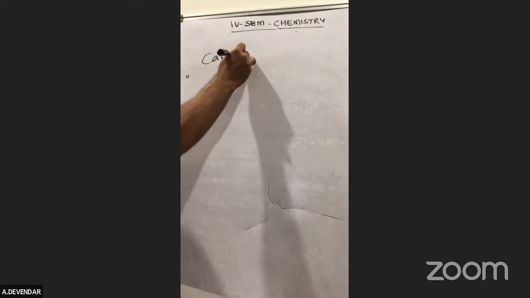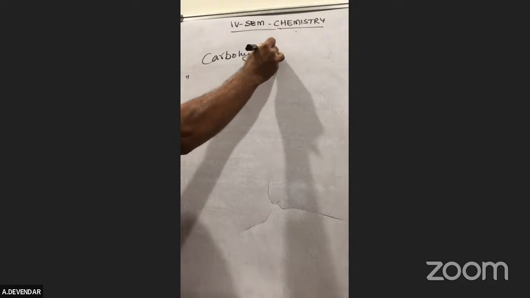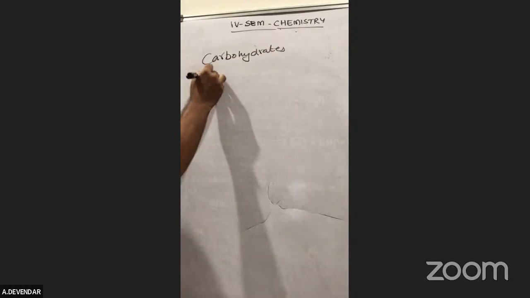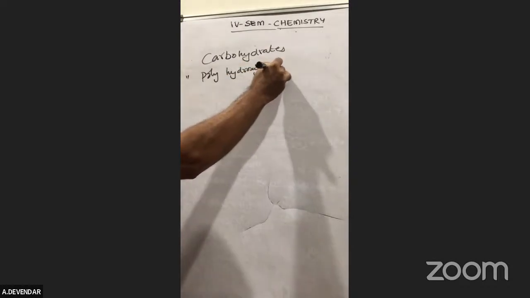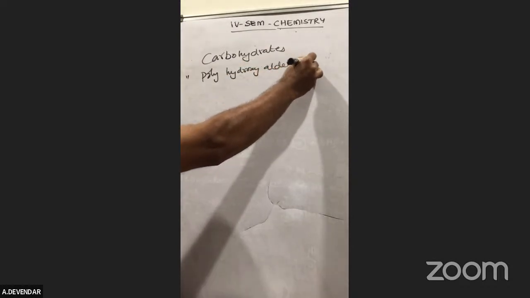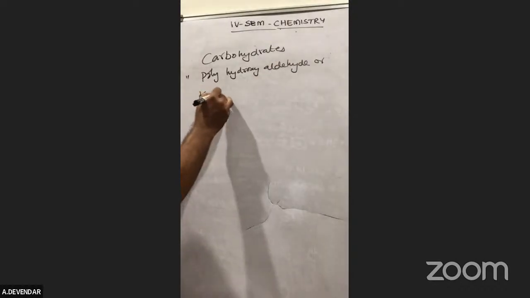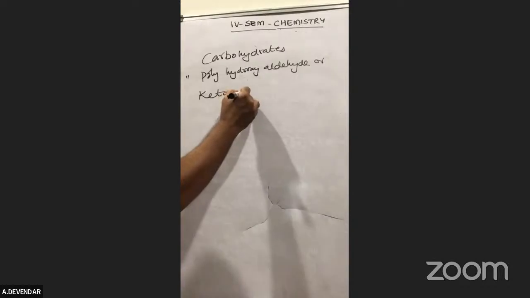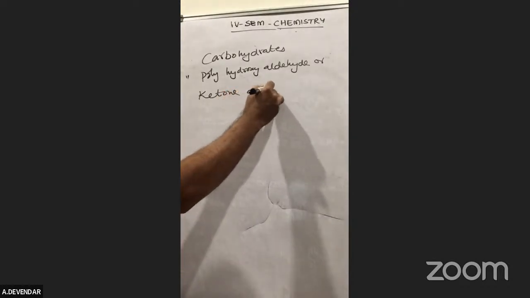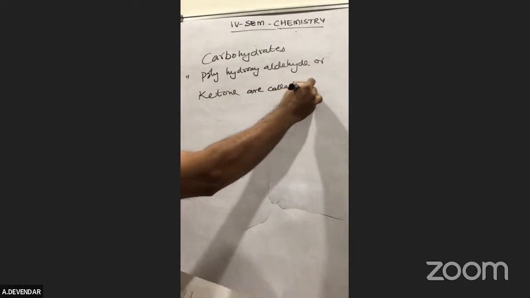A polyhydroxyaldehyde or ketone, or a substance yielding them on hydrolysis, whatever compound you get, is called a carbohydrate.